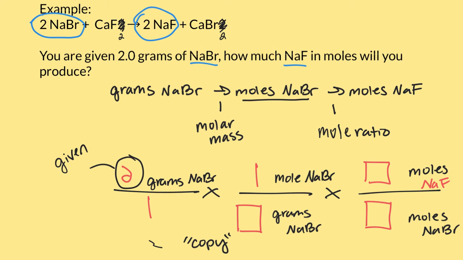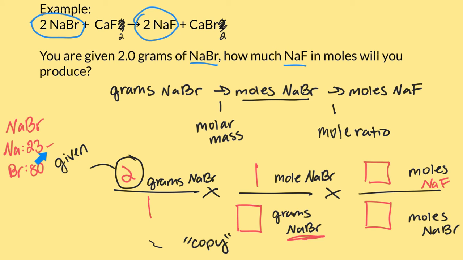My given's already given to me, which is 2. And then down here, we have my molar mass. If I were to go onto the side, I want to find the molar mass of NaBr. Na is 23, Br is 80.